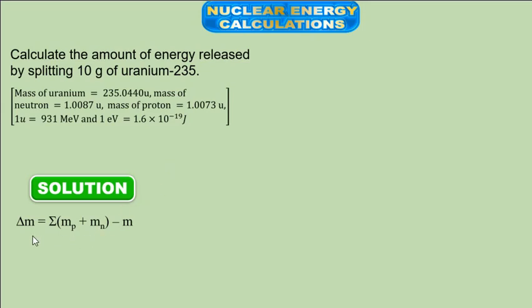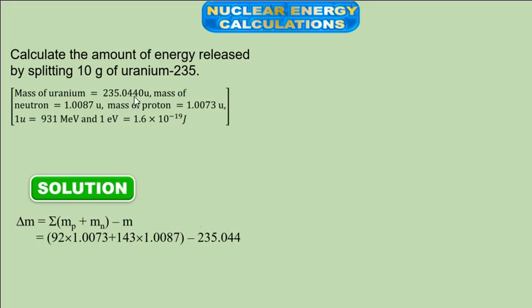Then, having obtained all this information, we calculate the mass defect. 92 times the mass of the proton given, which is already given here: 1.0087 for neutron, and then 1.0073 for proton. So now we're going to put that of proton multiplied by 92, and that of neutron, 1.0087, multiplied by 143, because there are 143 neutrons in the nucleus of uranium-235.